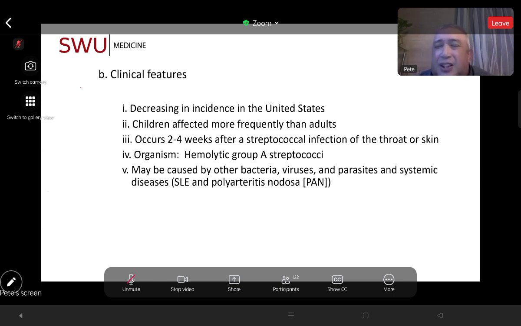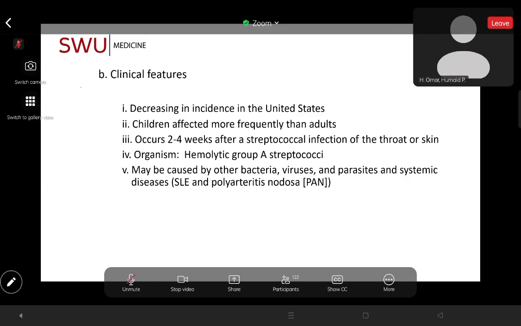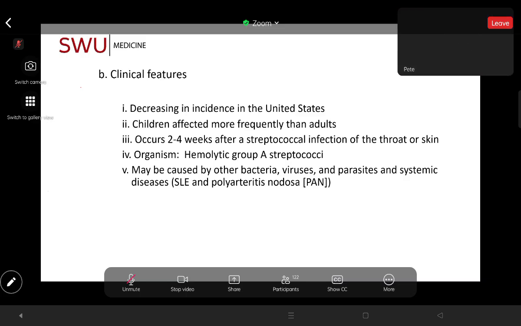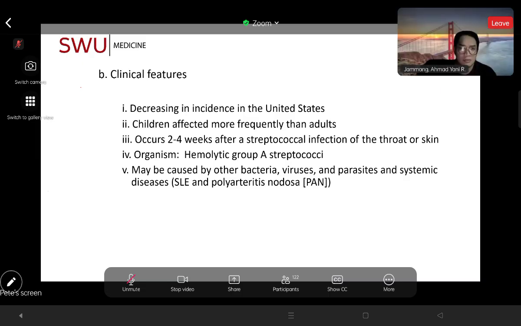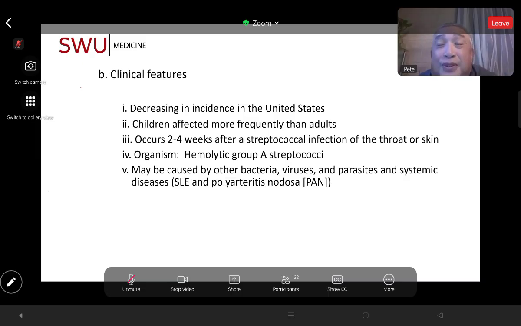So, for discussion's sake, aside from laboratory tests, what is the most important diagnostic instrument to use to diagnose post-streptococcal glomerulonephritis? One word only. Culture? Any volunteer? Culture, Doc. No, other than history, laboratory test.